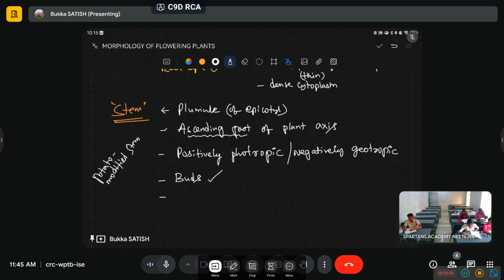Okay, this is what the feature is. Stem consists of nodes and internodes. So this is the unique feature which you don't find with the roots.